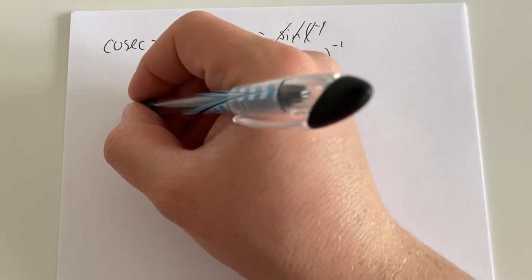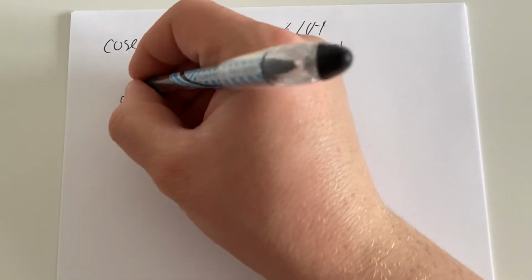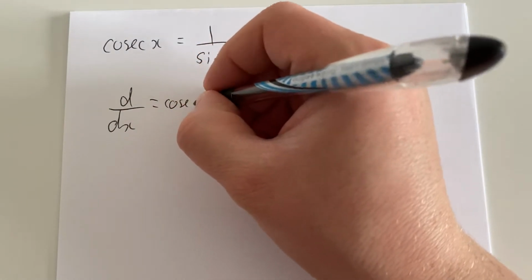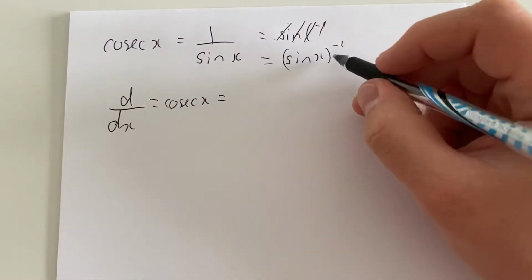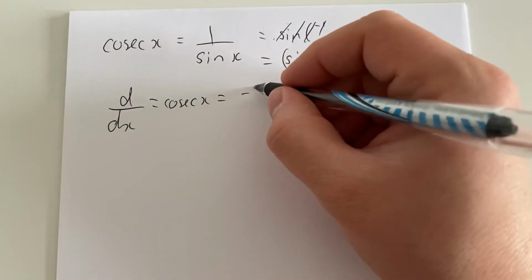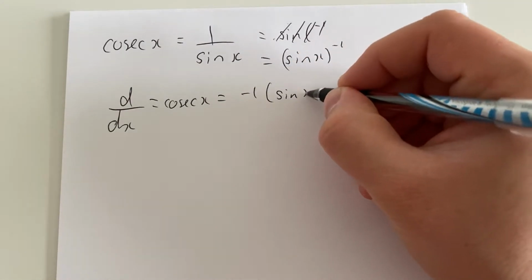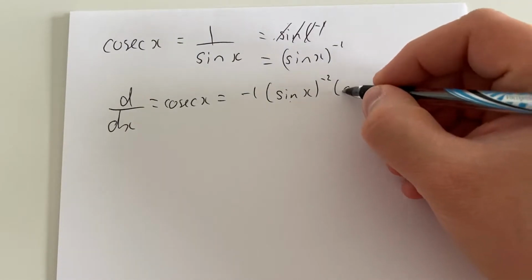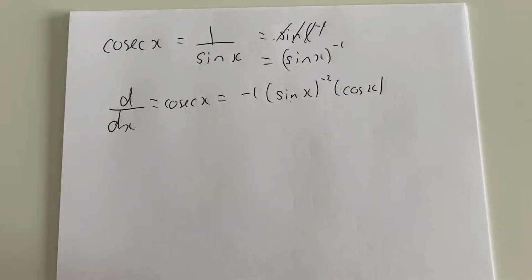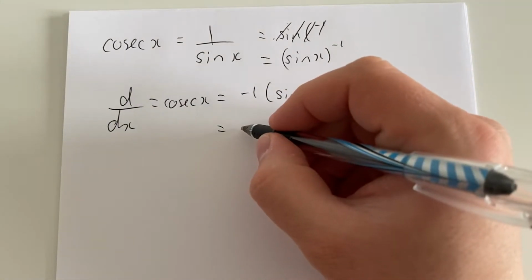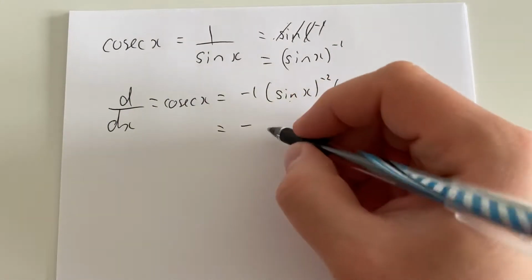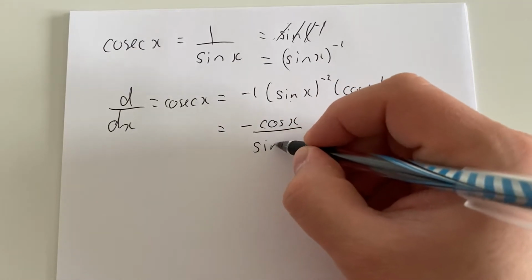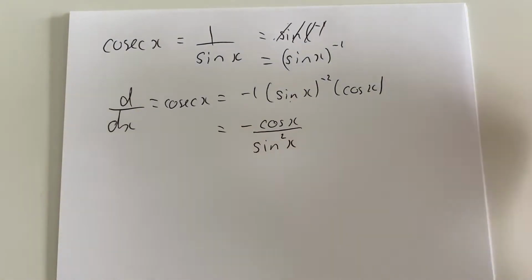If you use the chain rule, that would get you that the differential of cosec x would be times by the power, lower the power by 1, and multiply by the differential, which is cos x. So that is minus cos x over sine squared x.